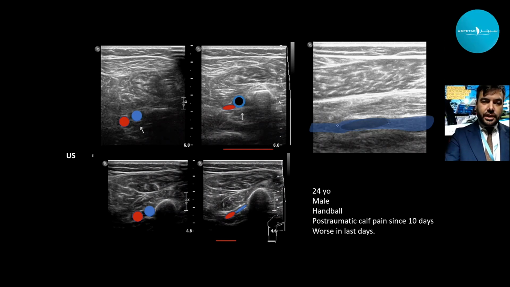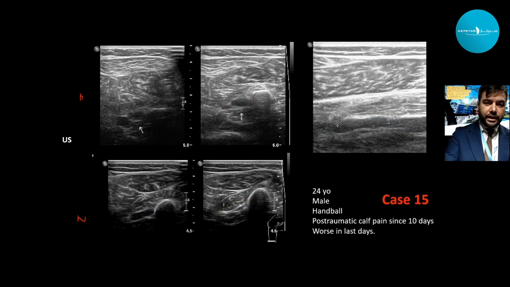In a normal case, like here, when you make compression, the vein and the artery to a lesser degree can collapse. However, if there is a thrombus, the vein will not collapse because it's filled with a thrombus, as we see in this case. Here the artery collapses, but not the vein. In the sagittal, longitudinal view, we can see the vein that is dilated and filled with a clot.